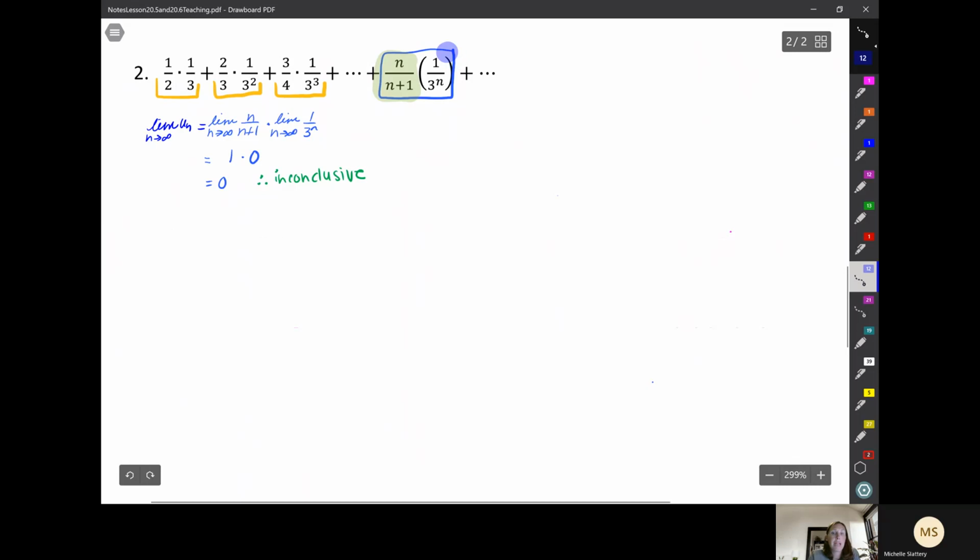So let me compare it to 1 over 3 to the n, which I know is a geometric series with r equal to 1/3. The absolute value of r is less than 1, which means it would be convergent. So my hypothesis is that this series converges.